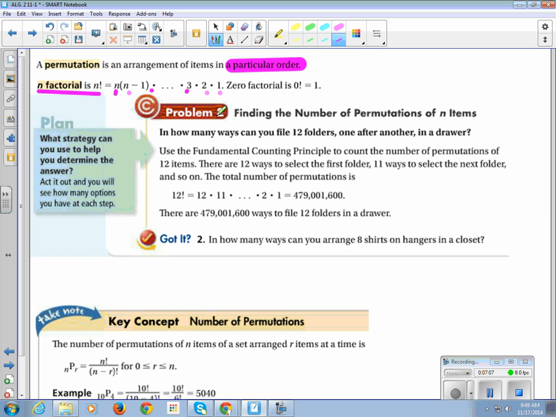So if I were going 4 factorial, I would go 4 times 3 times 2 times 1. It's excited multiplication. Please write down that 0 factorial is equal to 1. We won't use it very often, but it'll ninja strike us when we're not expecting it. So 0 factorial is 1.